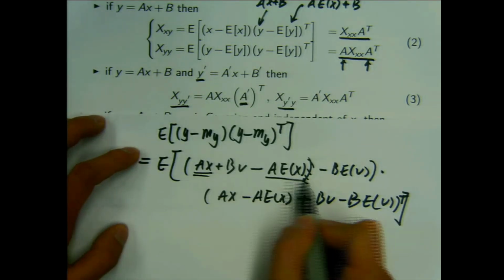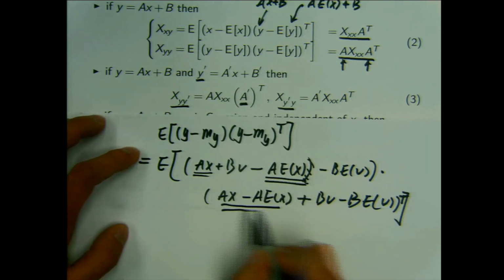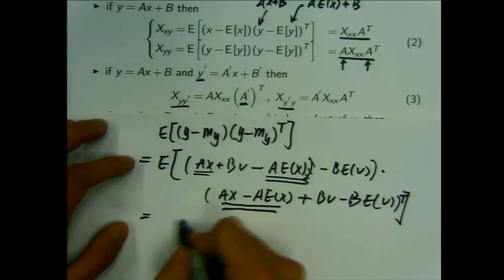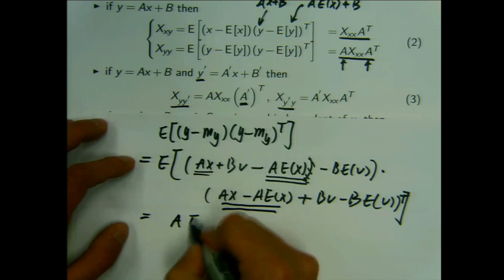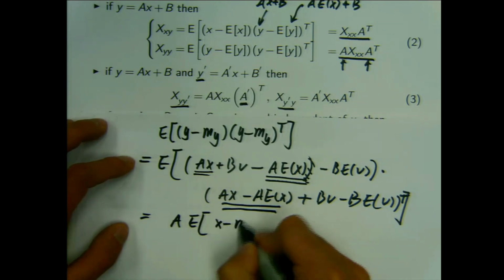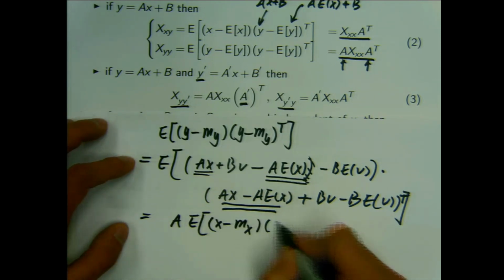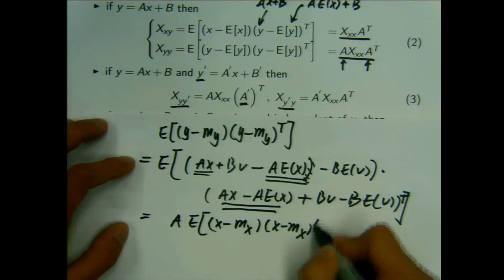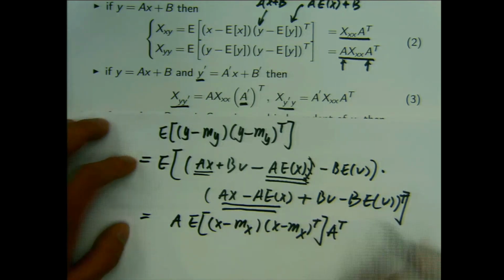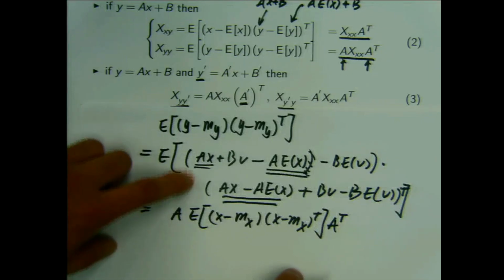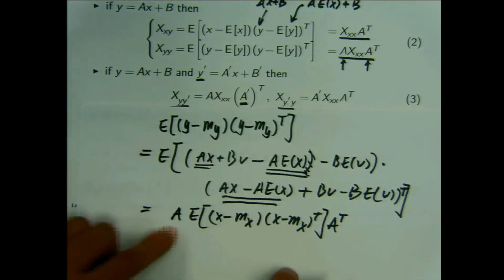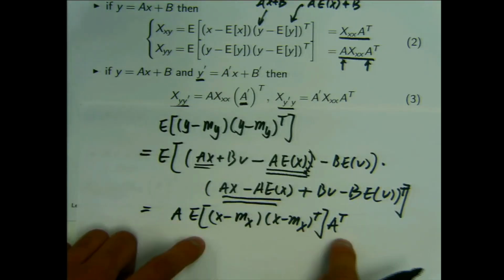The term related to X is going to give us A times the expected value of (X minus MX)(X minus MX) transpose, times A transpose. So I'm jumping two steps. I'm taking out A on the left-hand side, and A transpose on the right-hand side.